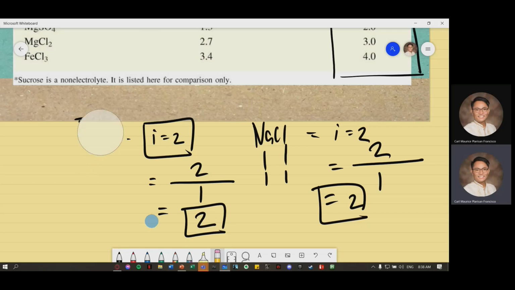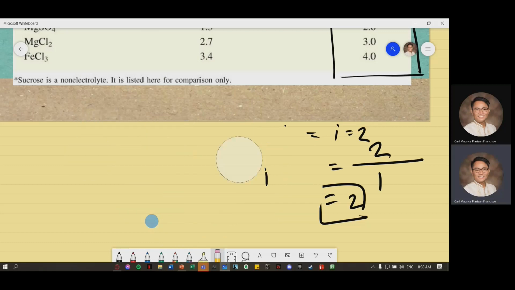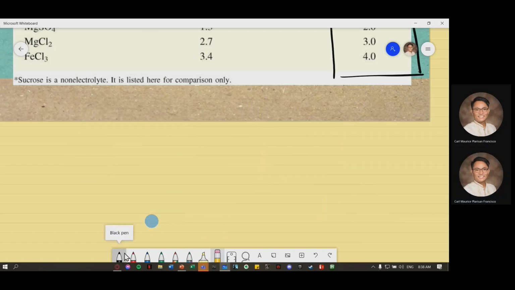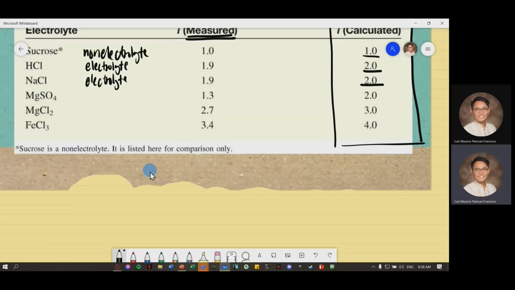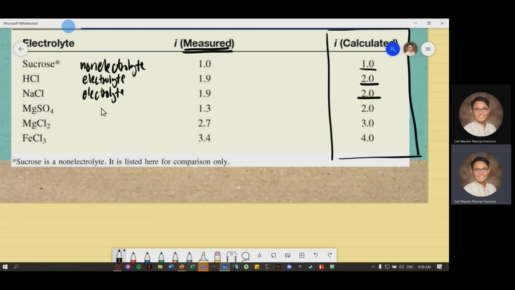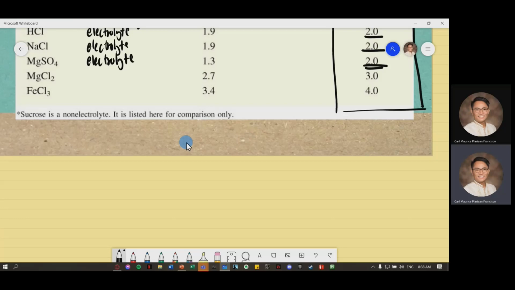Ganun lang po yan kadali. Para alamin ang Van Hoff factor. Okay, so papaano naman ang next? Ito, MgSO4. Magnesium sulfate ay electrolyte. Ang Van Hoff factor ay 2. Okay, wait lang. Bakit 2 lang ang Van Hoff factor ng MgSO4? Madami ako nakikita. Okay, explain ko po.